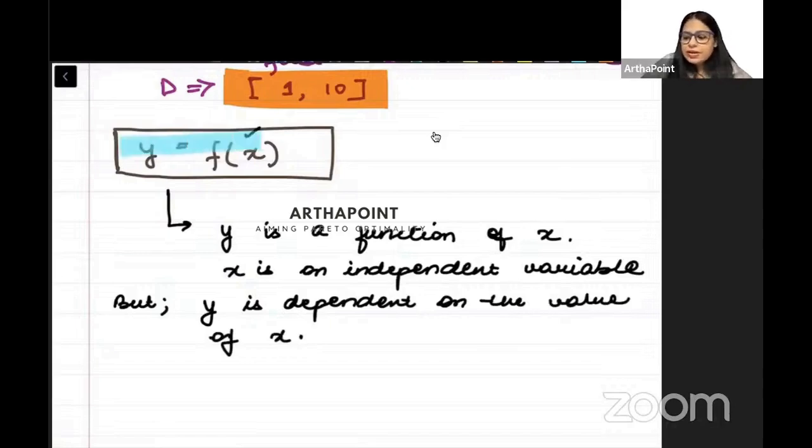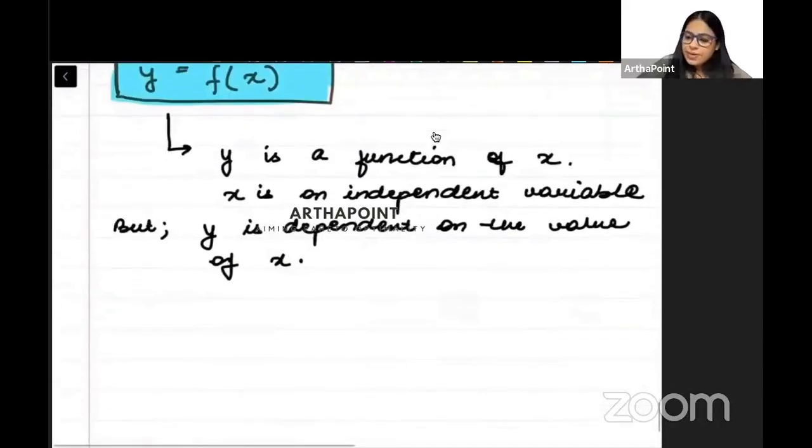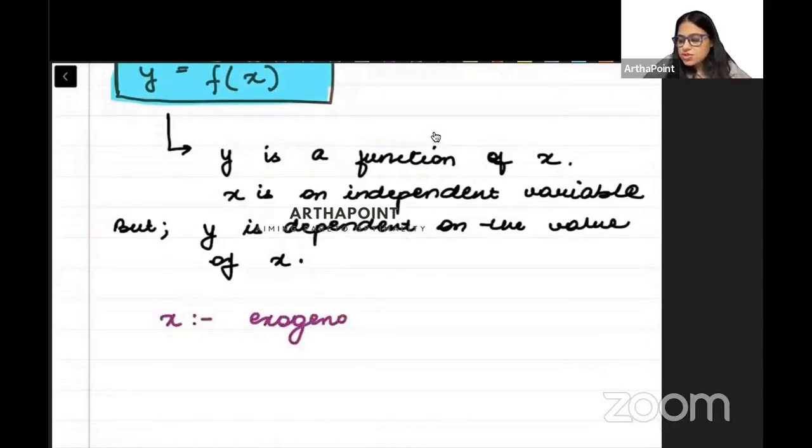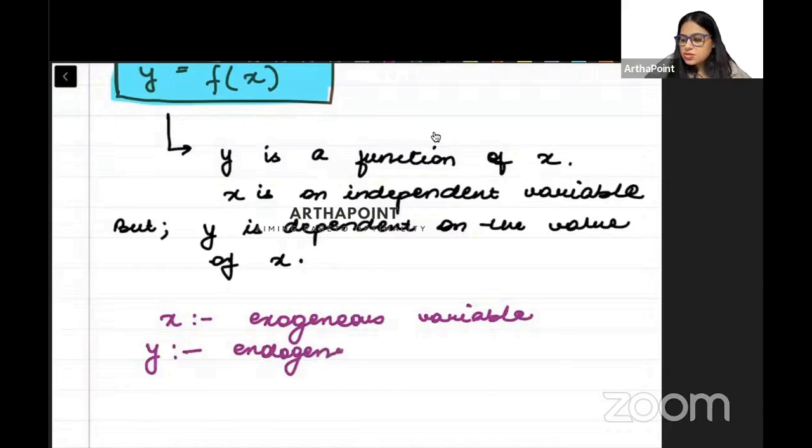But x can also be called an exogenous variable, and y can be called an endogenous variable. Okay?